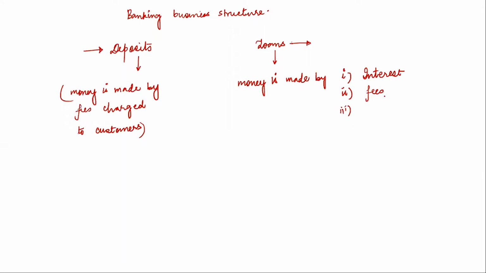Mostly interest and fees, but some penalty charges if you don't pay back on time and stuff. So that's how the business is structured.